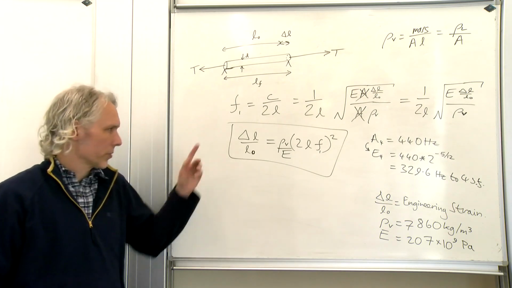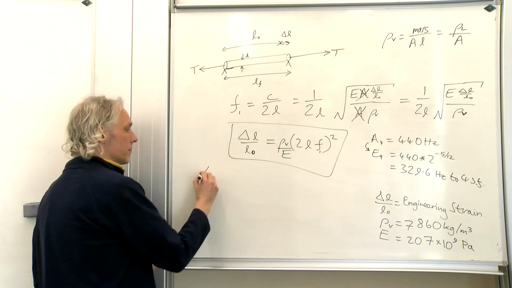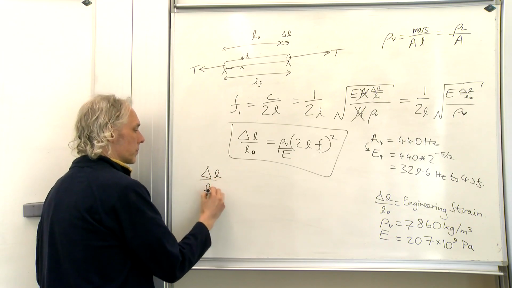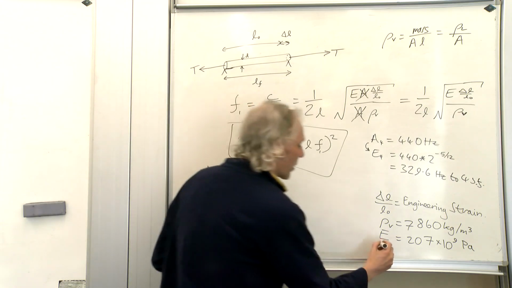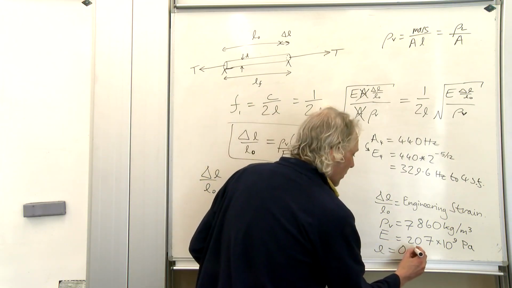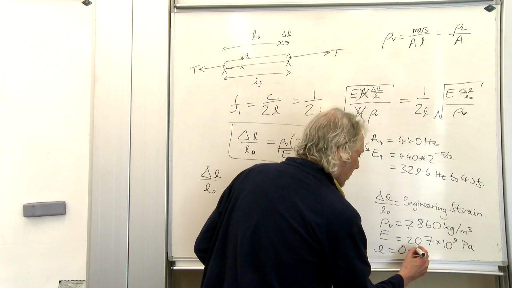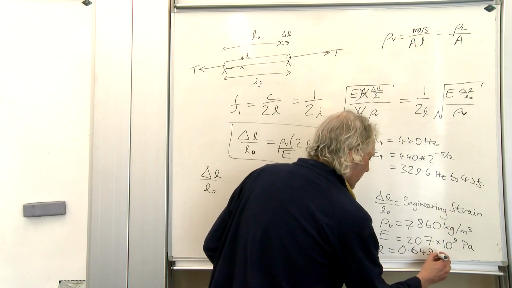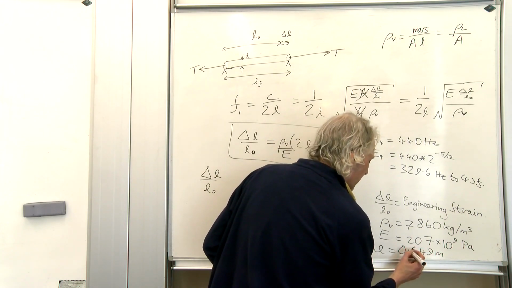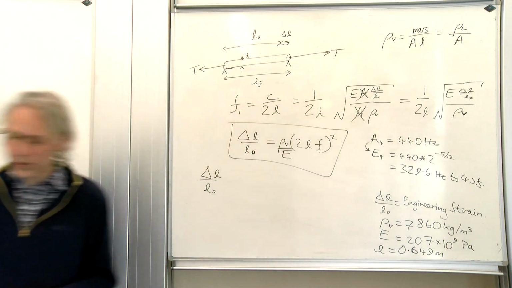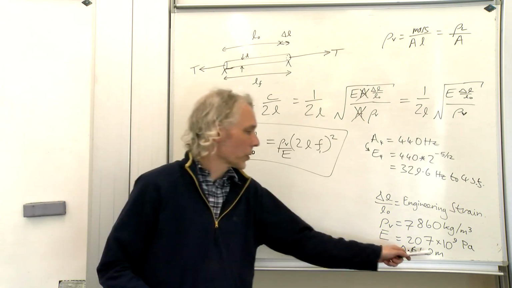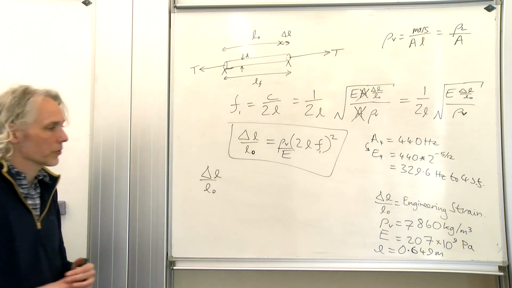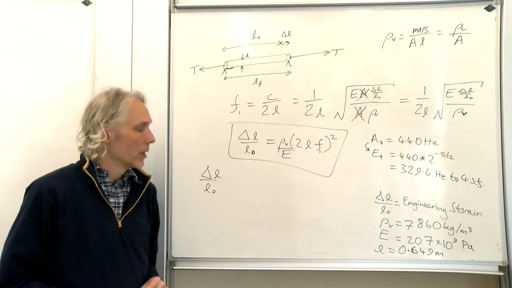So what do we have for the engineering strain? For the high E string, we put in all the numbers. What's L as well? We need to have an L. That's just a tiny bit longer than 25.5 inches. That's a typical number for the length of a string on a guitar for something like a Stratocaster.